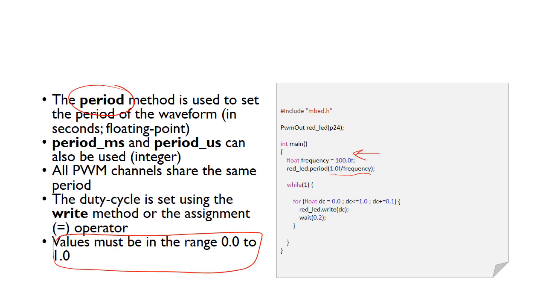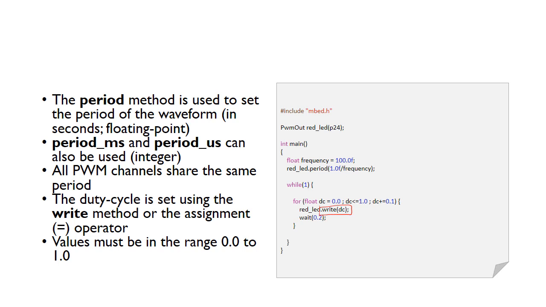In this for loop, we're looping from 0 up to 1 in increments of 0.1. We'll start off with 0 and write using this .write method. We'll write 0 to that, so at the beginning it'll switch off, 0% duty cycle.